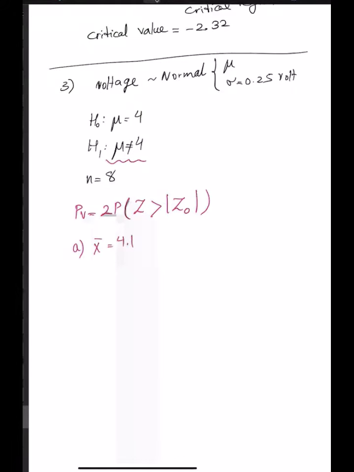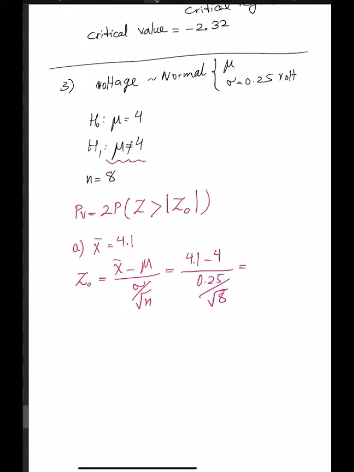Now I have to calculate the test statistics corresponding to this value. So the test statistics is going to be x bar minus mu divided by sigma over square root of n. That's going to be 4.1 minus 4 divided by 0.25 divided by square root of 8.